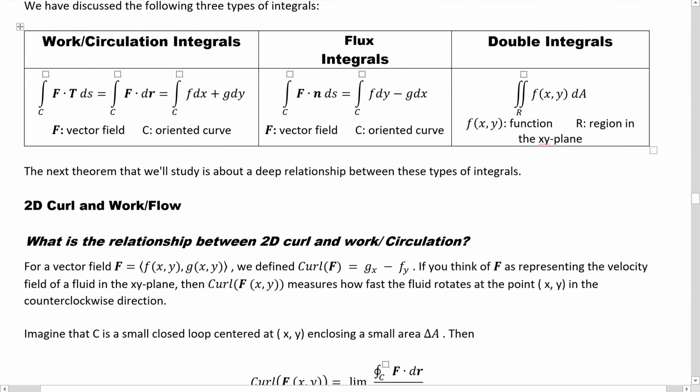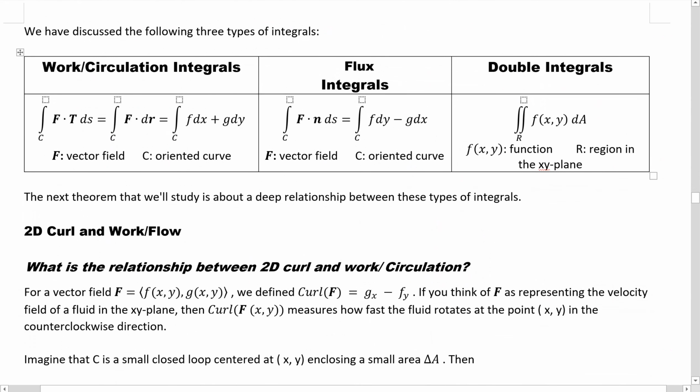Alright, so we have discussed the following 3 types of integrals. So I'm going to make a summary. We have the line integrals. Here we have the work or circulation integrals. We have the vector field, we dot product with the unit tangent vector with respect to the length parameter.